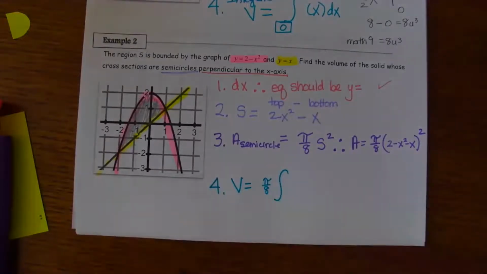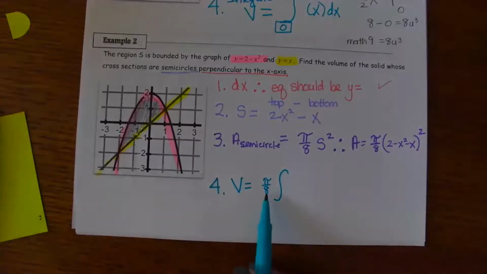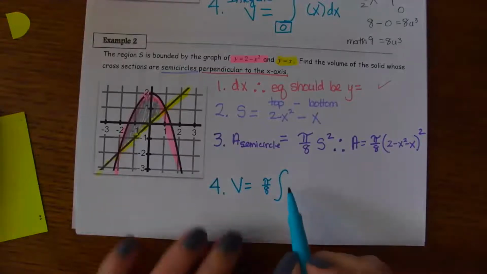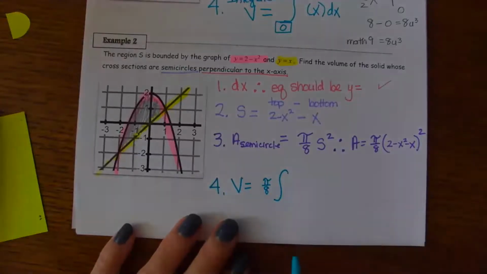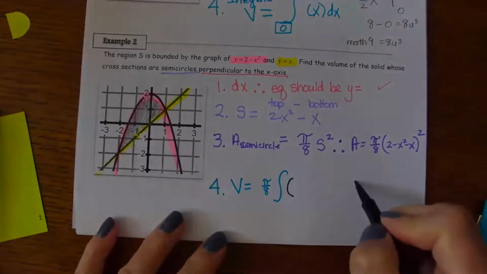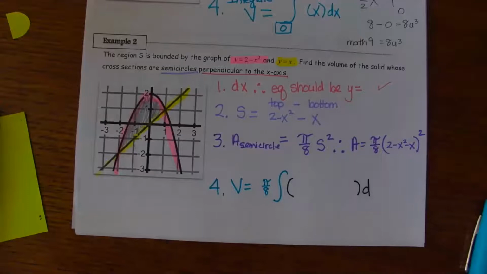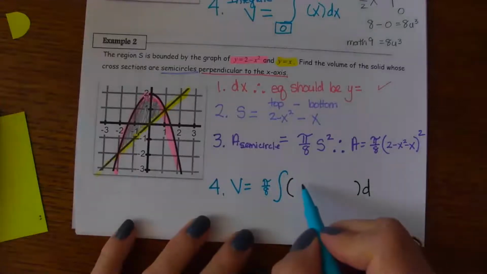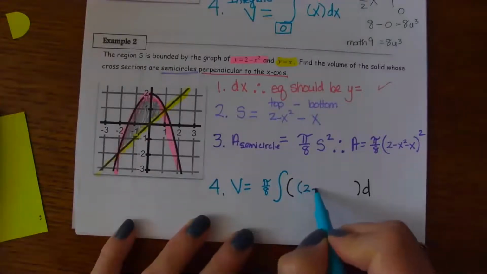It's kind of easier to type it into your calculator if you type this before you hit Math 9. It's easier to type and not make a parentheses mistake. So all I have to do now is say it's area squared. So now I want you to notice, and I'm going to write them in so you see them. Your calculator is automatically going to put that there, parentheses and a D. So if you want to square something in here, you're going to have to do this.